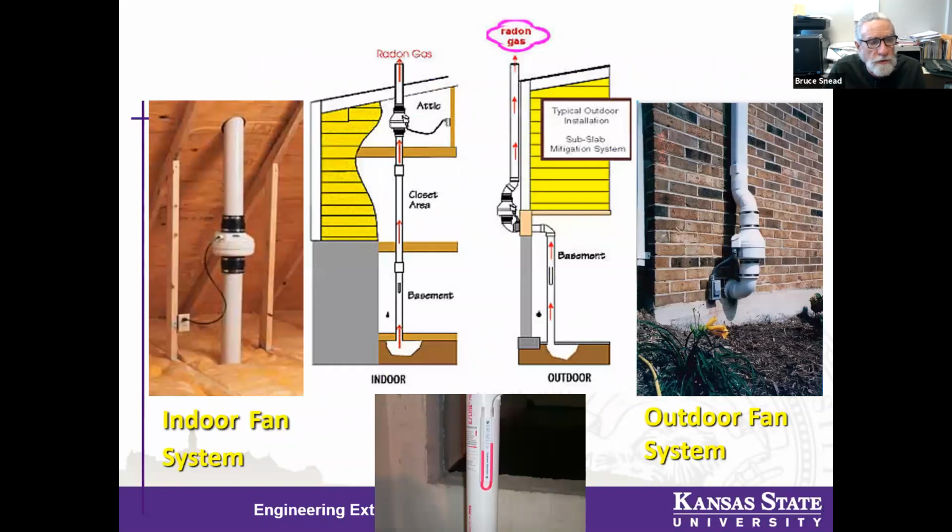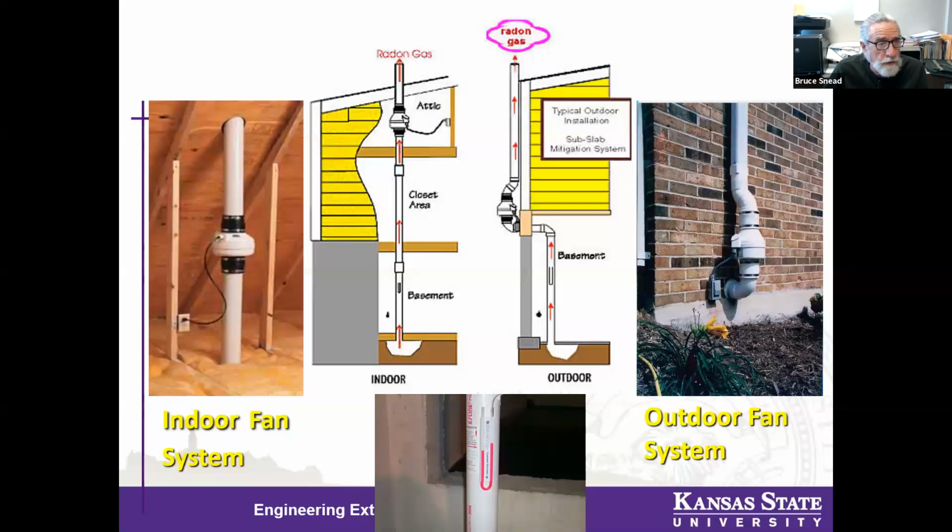Here are the 2 most common configurations of active soil depressurization systems. It is primarily the location of the fan, which can either be in an attic or above an occupied area in a non-occupied space, or outdoors. So these are common outdoor locations and configurations you see in the cross-sectional drawings in the middle of the slide.